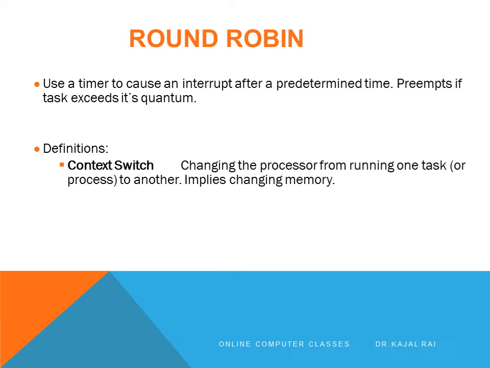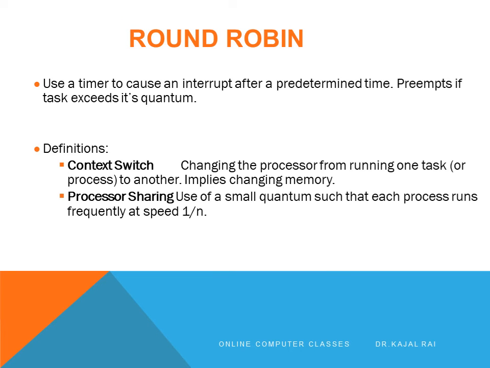There are certain terms associated with this. First is context switch, which is changing the processor from running one task or process to another, implying changing memory. Processor sharing is also a concept in round robin, which is the use of a small quantum such that each process runs frequently at the speed of 1 by n.